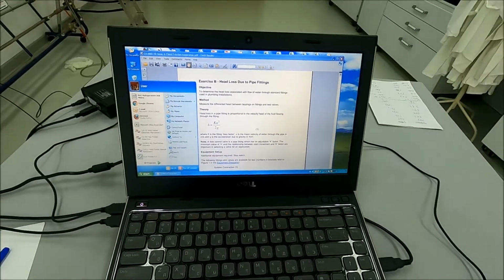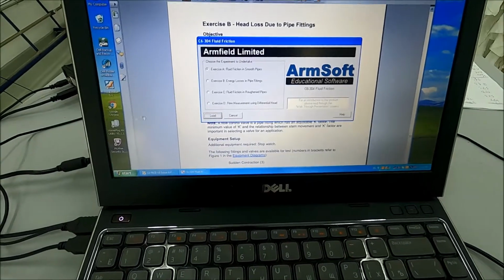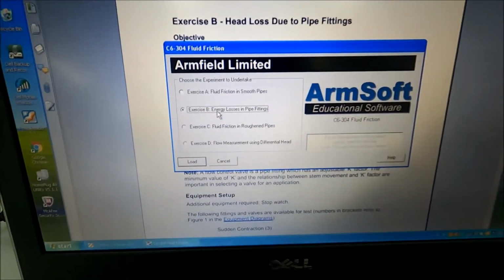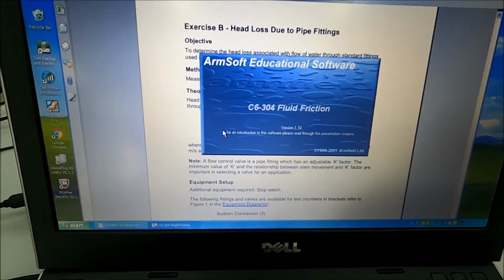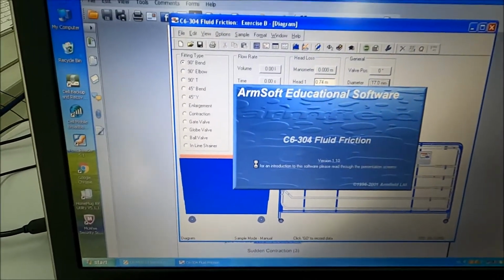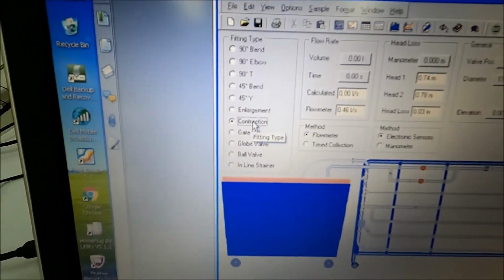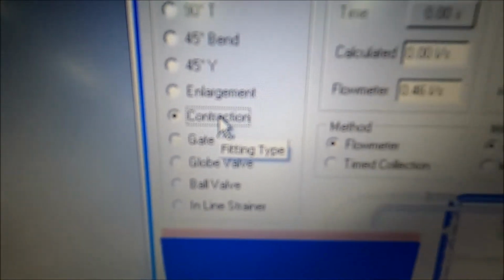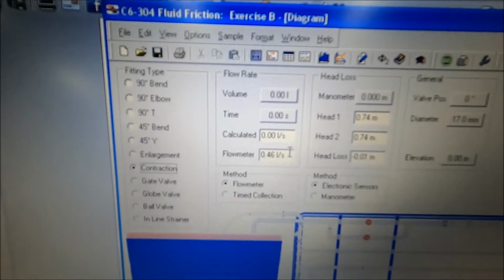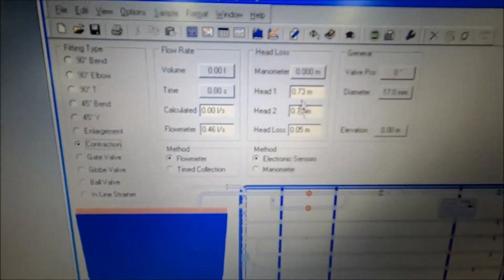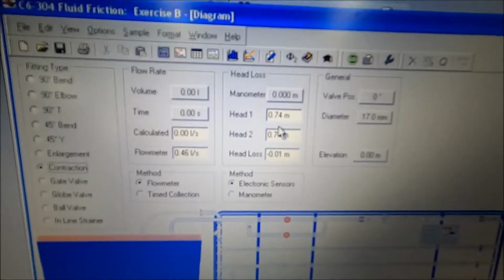Let's open our software, Friction Apparatus, and here choose exercise B. On the left column you have to choose the contraction. This shows the flow rate from the flow meter, and here the head loss from the sensors.